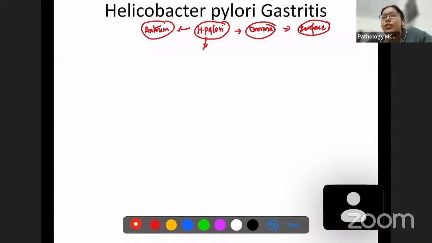And what are the conditions which it causes? It causes peptic ulcer disease, and it also causes chronic gastritis, which we can see in biopsy.